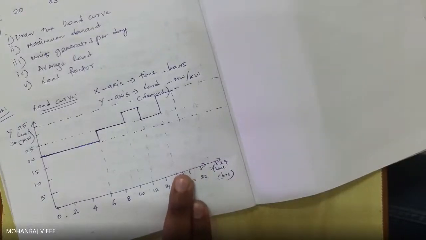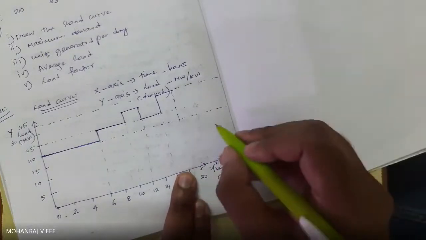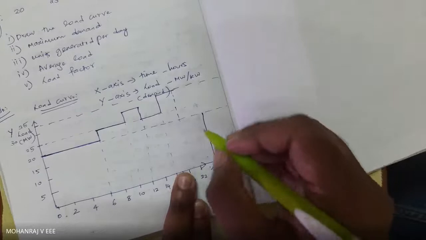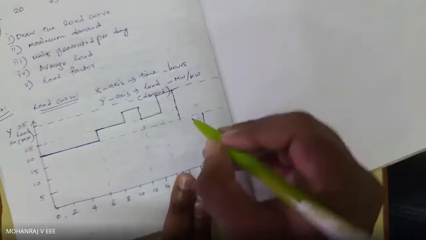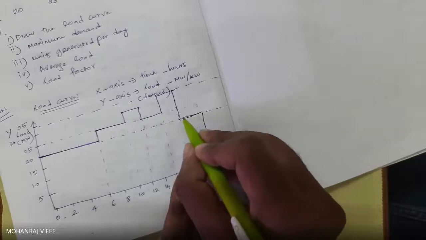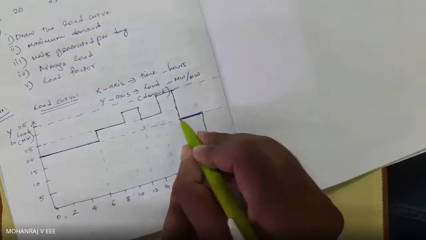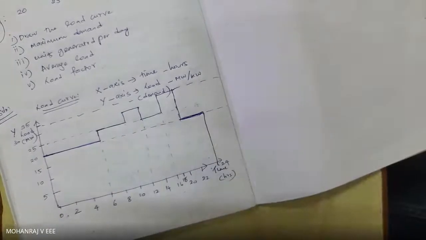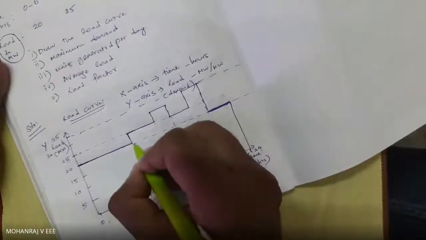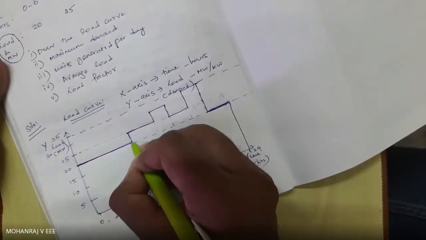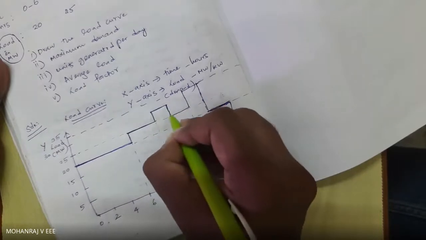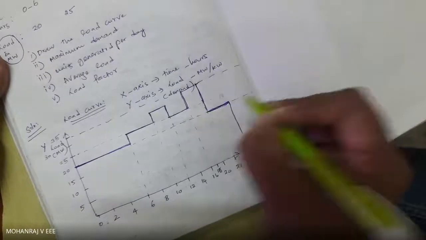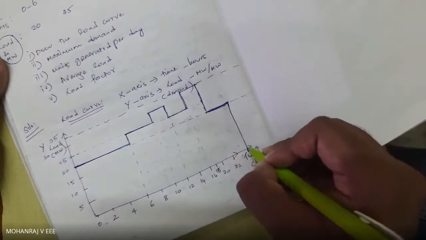So from 20 to 24, it is just 20. Right. So now this curve is known as the load curve.